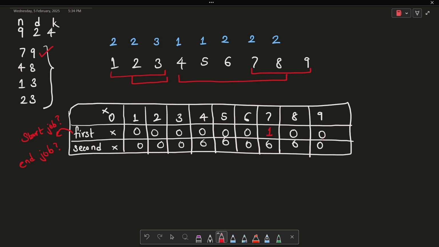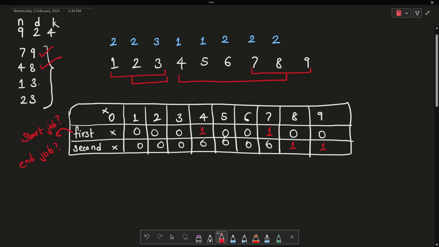When is the job ending? The 9th day. So I'll go to the 9th index, and at the second element of the pair I'll store a 1. Similarly for 4 8, I'll go to 4 and increase the first by 1, and then go to 8 and increase the second by 1.